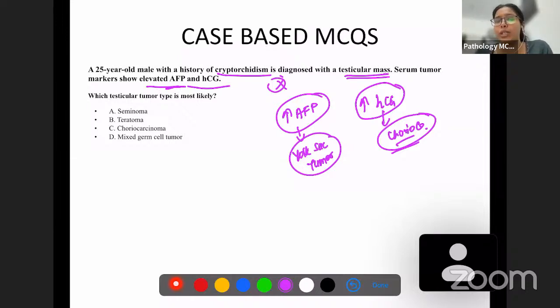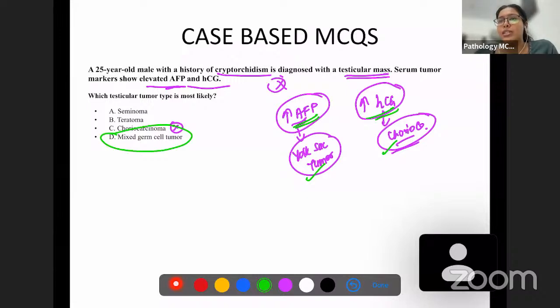Every marker is normal in teratoma. Now, choriocarcinoma, could it be? It could not be, because AFP will not be elevated in choriocarcinoma. This tumor here is a mixed germ cell tumor. Both yolk sac tumor and choriocarcinoma are germ cell tumors. So in this case, both AFP and HCG are elevated. So this is a mixed germ cell tumor.